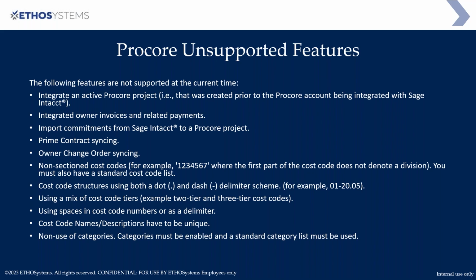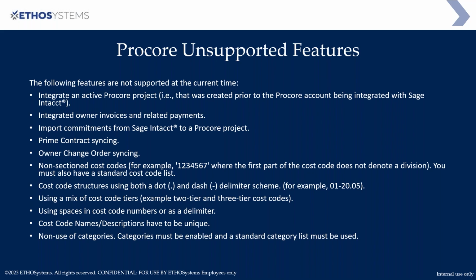So there are some other options that we can discuss a little bit later on for getting those in-progress projects up to date and integratable with Sage Intacct. But it's good to go into this integration with the understanding that active projects really aren't meant to be used with the integration. You're going to want to start fresh with a brand new project.